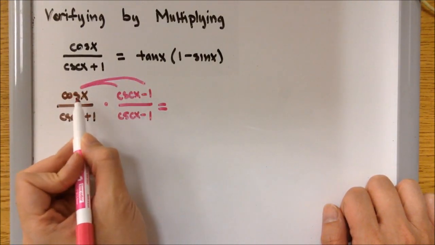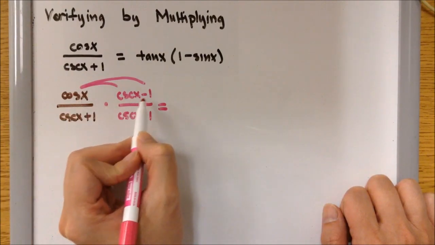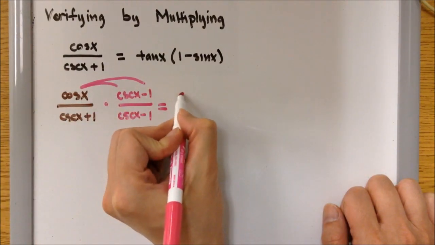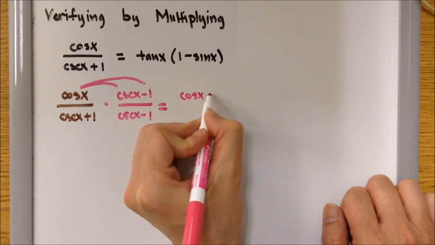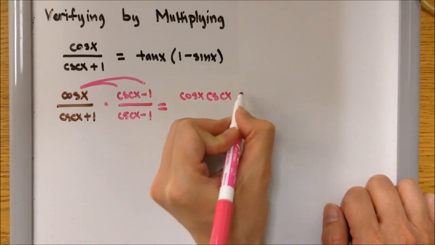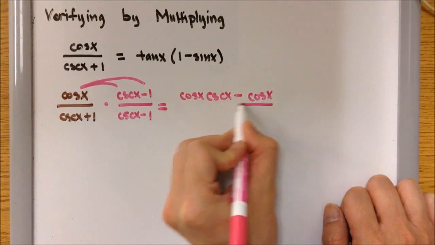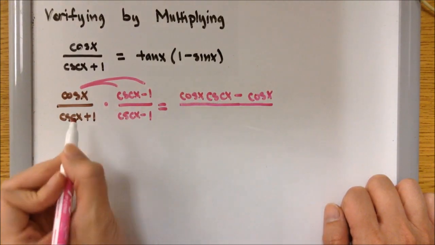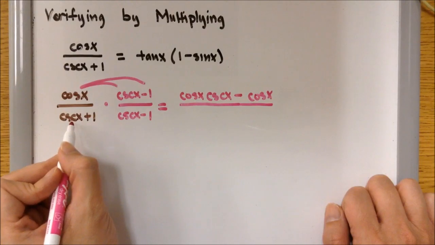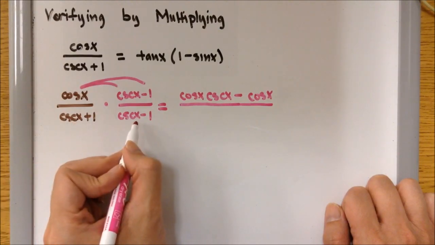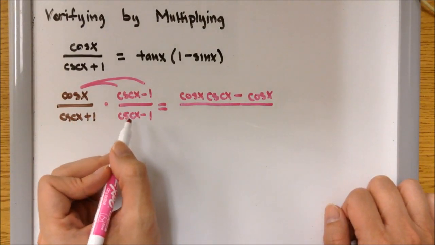So on the top, cosine of x times cosecant of x minus 1 will be cosine of x cosecant of x minus cosine of x. Then on the bottom, cosecant of x plus 1 times cosecant of x minus 1. That one you have to FOIL.